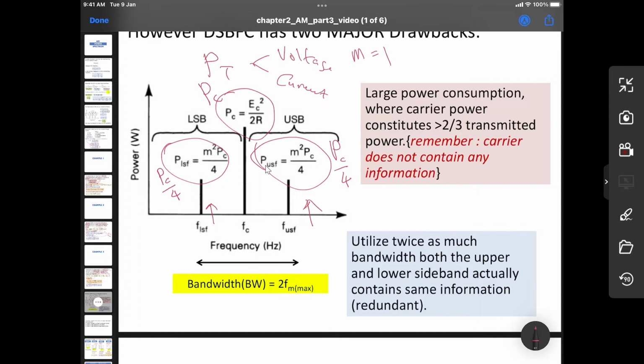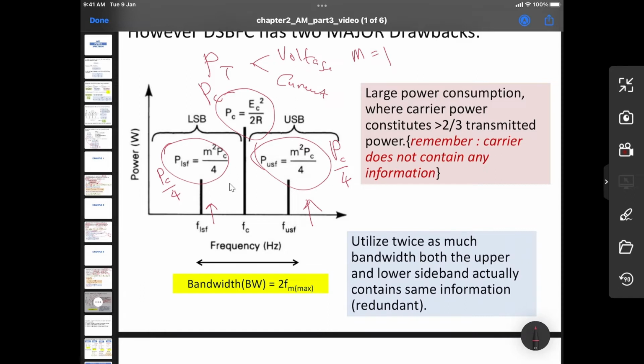Why? Because if you look into that equation there, the modulation index is actually represented by the lower sideband and the upper sideband. So that modulation index is actually carrying the information, because you modulate the signal based on the voltage, right? So only the lower sideband or upper sideband has the information, while the carrier has no information.